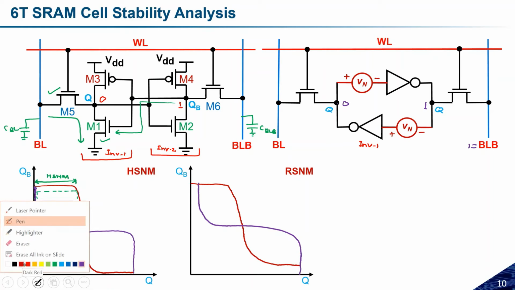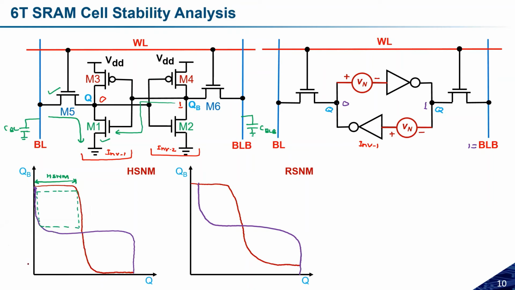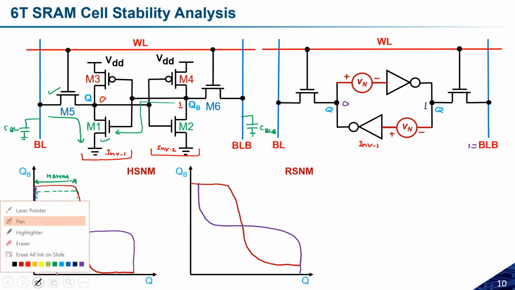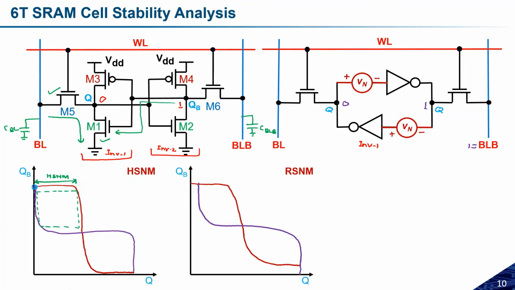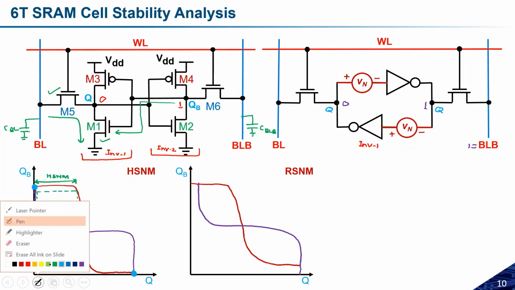Yeah, one more important thing that I missed here. During read and in the hold operation, we have two stable states. If you see here, this point is one of the stable points, this point is one of the stable points, and this point, the middle one, is the unstable point. Let me mark that one.